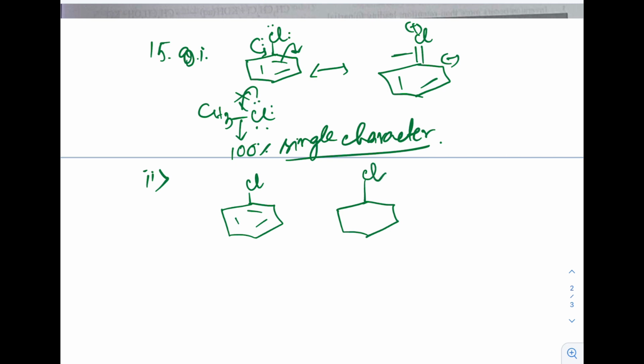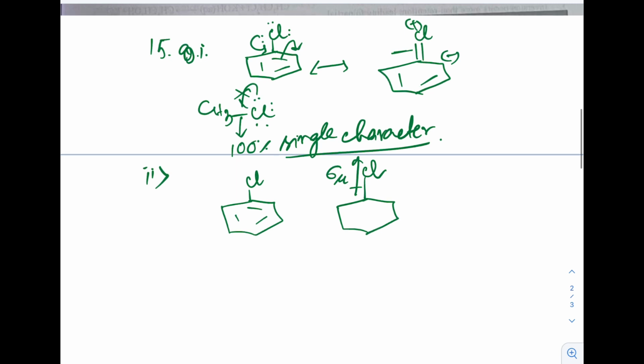In cyclohexyl chloride, from carbon to chlorine, only the sigma moment operates. But in case of chlorobenzene, the sigma moment, mu sigma, operates from carbon to chlorine. At the same time, the flow of pi electrons is happening due to resonance in the opposite direction.